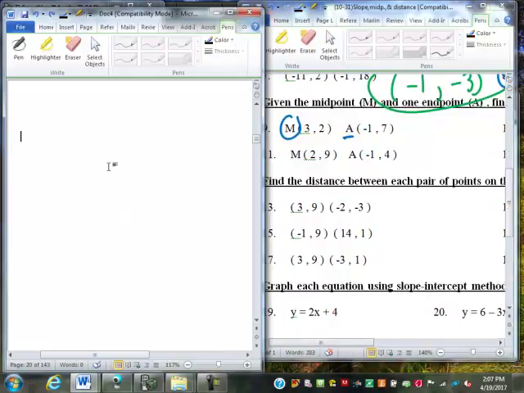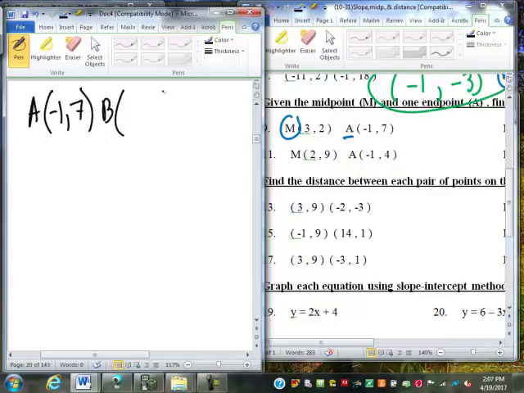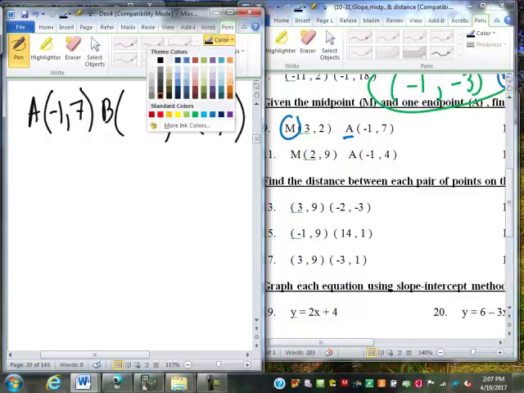So for the first one, we're given that the midpoint is 3, 2, and the first endpoint is negative 1, 7. So we're trying to find the other endpoint, which is B, given our midpoint is 3, 2.